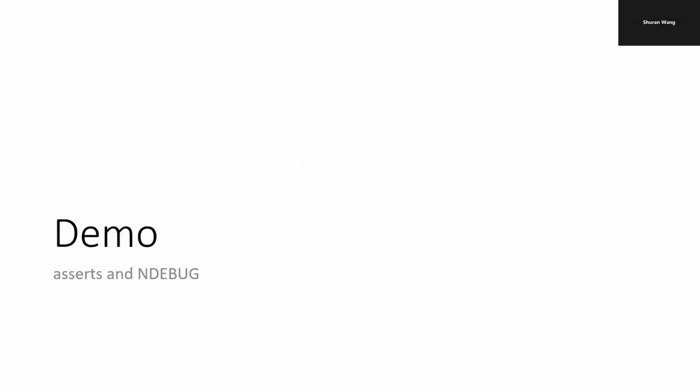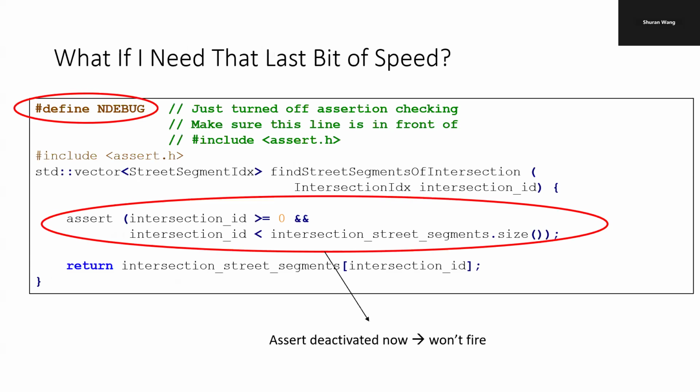In this case that we showed, when this function is called, the person who writes this function has no control over who calls this function and in which way. So we want to add the assertion to make sure that this parameter here is making sense.